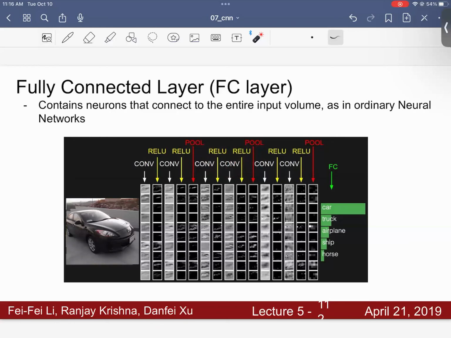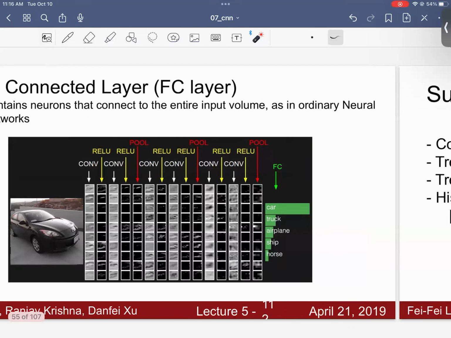You need to convert the 3D activation map into a vector whose size is the same as the number of classes. So you need at least one fully connected layer.